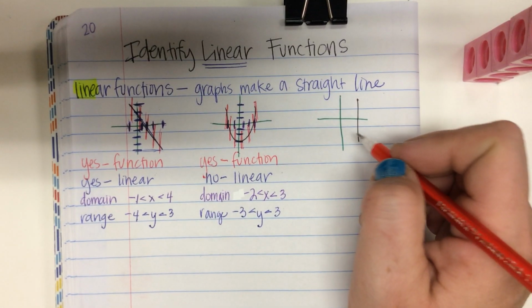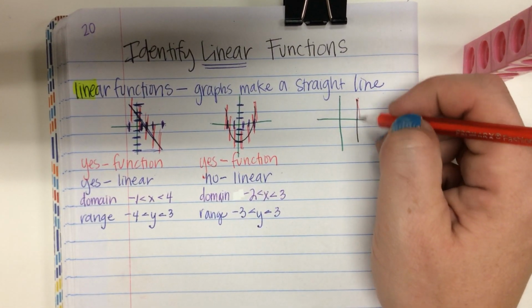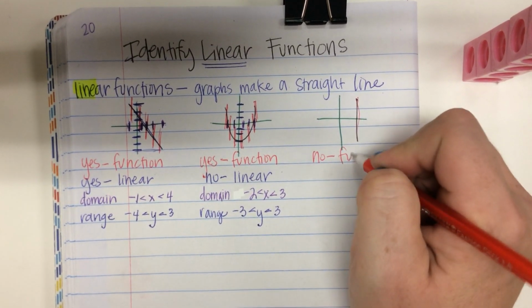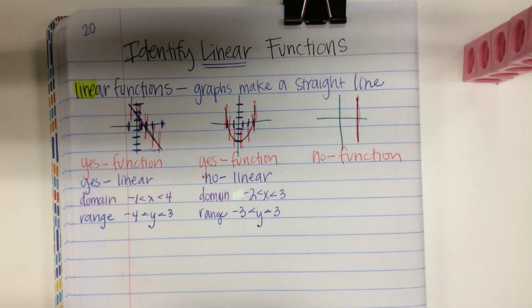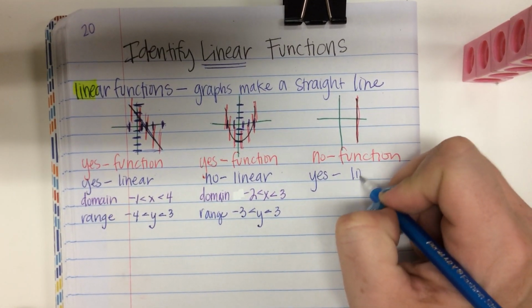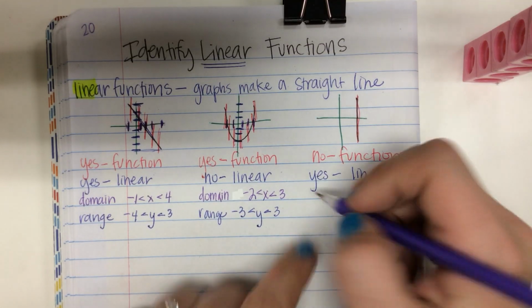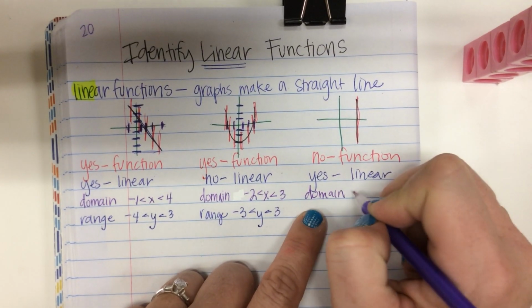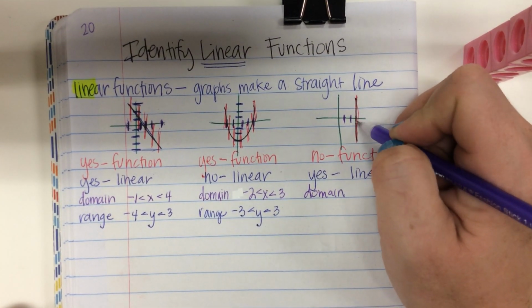All right, let's look at this last graph. Is this last picture a function? No. If I do my vertical line test, it's all in the same spot. So no, it's not a function. Is it linear? Yes, it does make a straight line. Let's talk about the domain. What's the x value in here? 1, 2, 3.